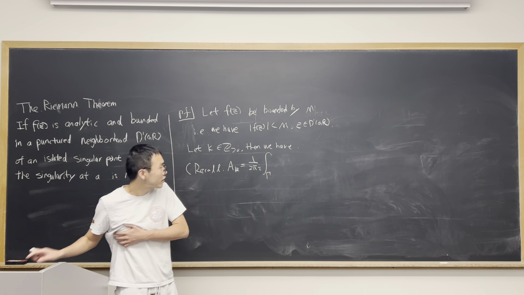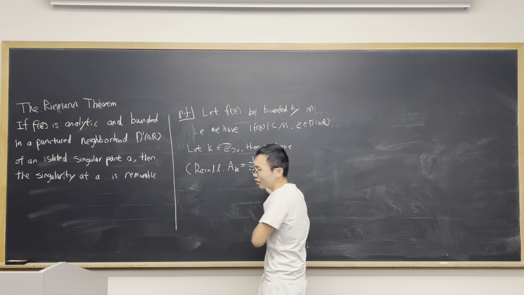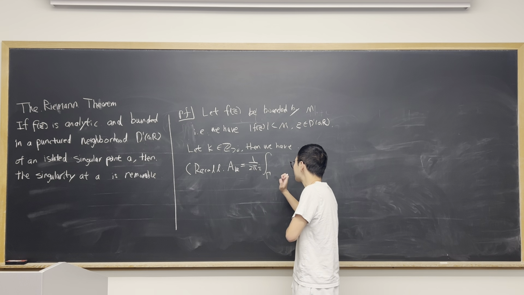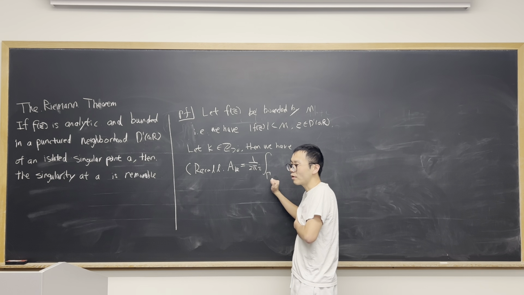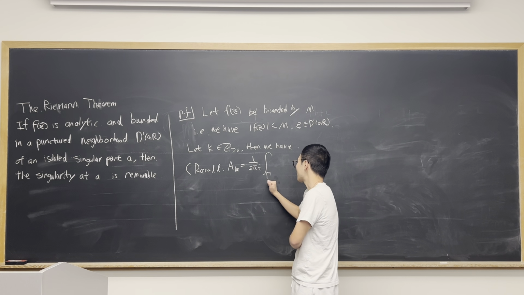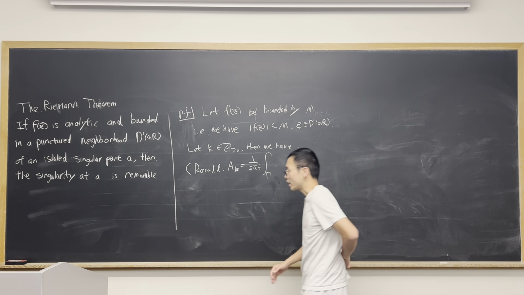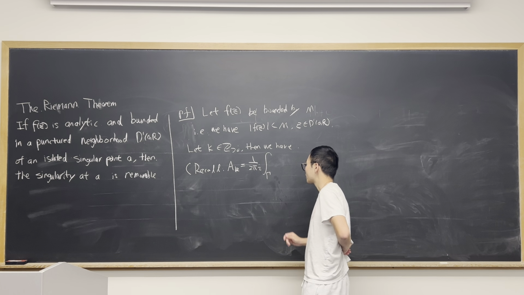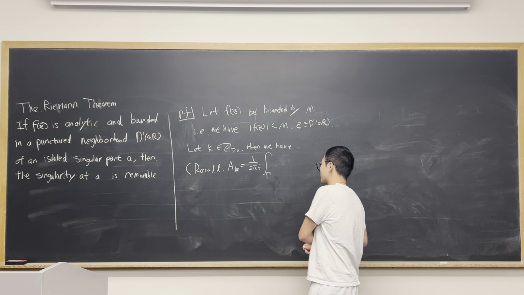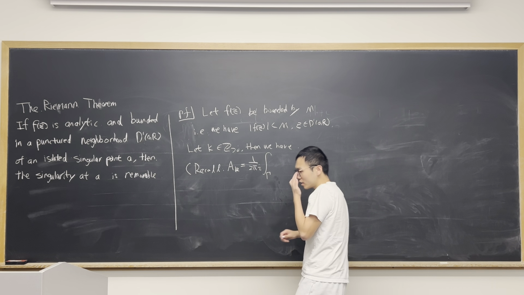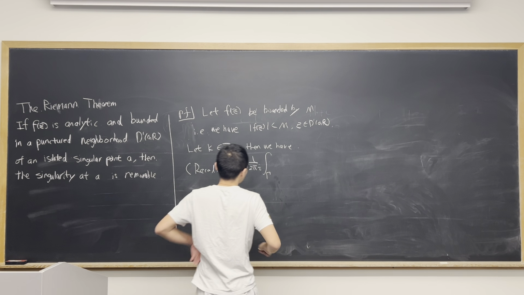So let's just say that this gamma is a simple closed rectifiable arc, like a parameterized curve.